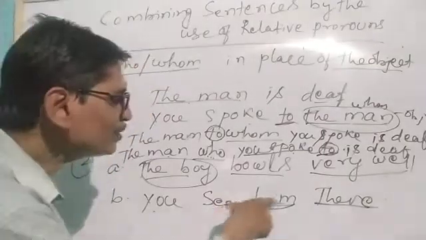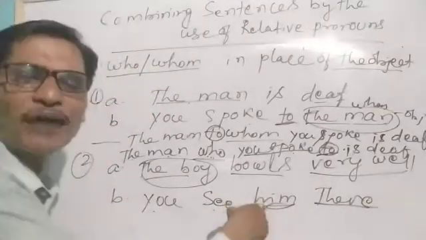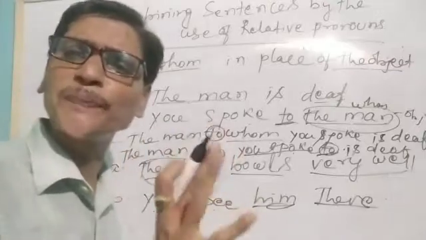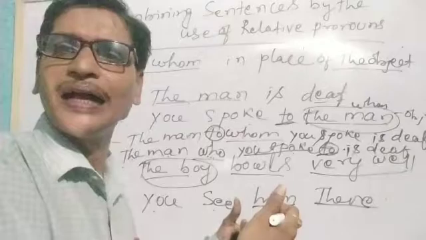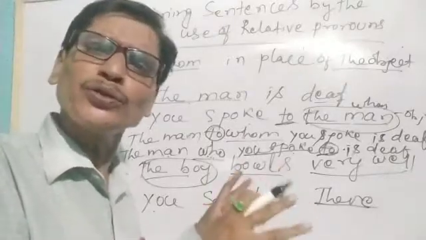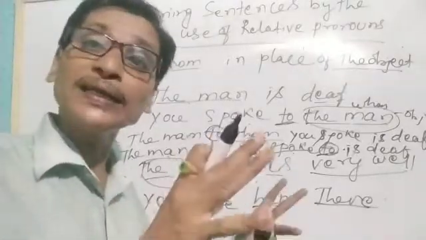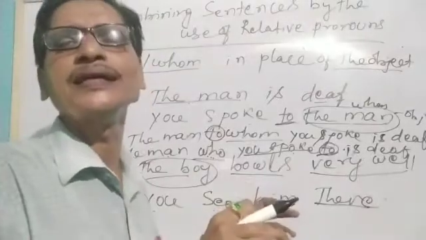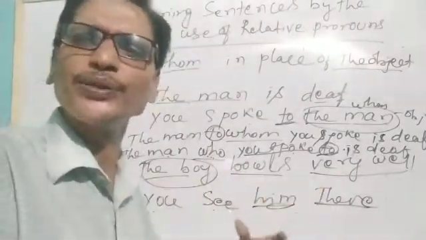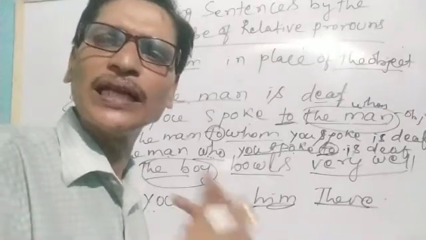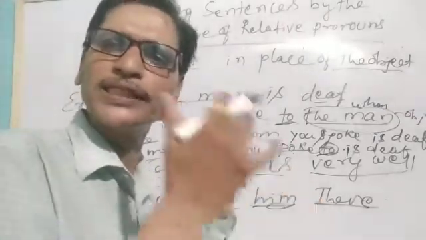But here, after this object, there is no preposition. So here we can easily use who as well as whom. If we use whom, it will be formal English. If we use who, it will be informal English, the English we use to have interactions in our day-to-day life, that means spoken English.